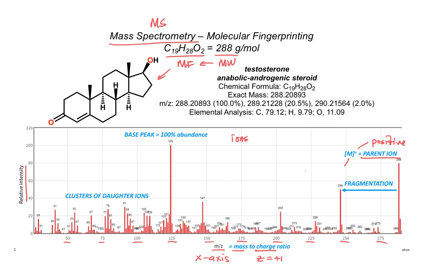So the parent has all the elements and their ratio in the molecular formula. You can see the number here is 288, and again, that's what we calculated from the stuff that we already know. So the parent ion, 288, is C19H28O2.